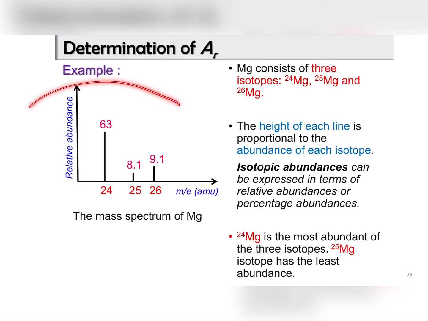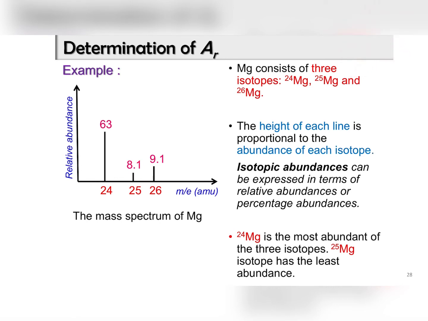From this mass spectrum, we know that magnesium consists of 3 isotopes: magnesium 24, 25 and 26. So where do 24, 25 and 26 come from? Because they have the same number of protons, but differ in the number of neutrons.